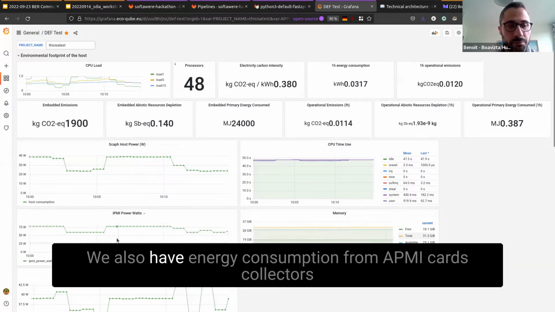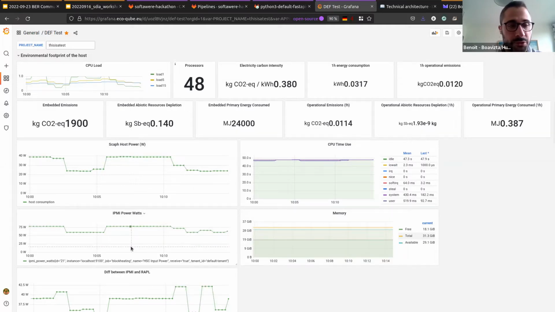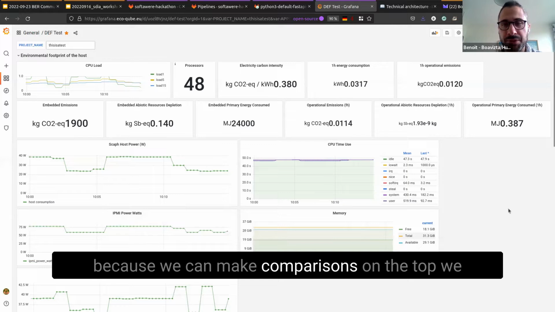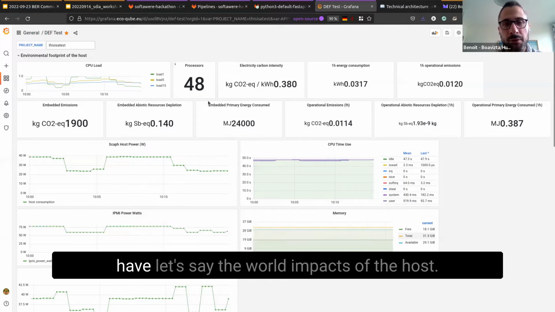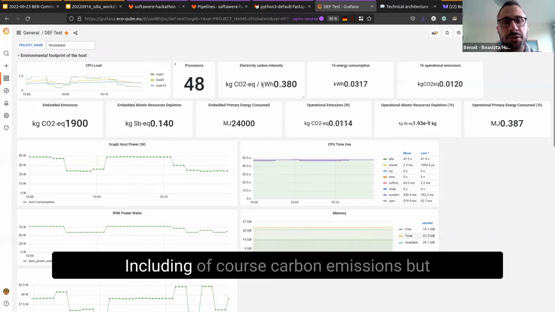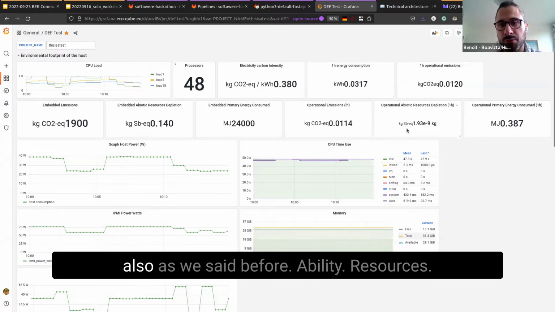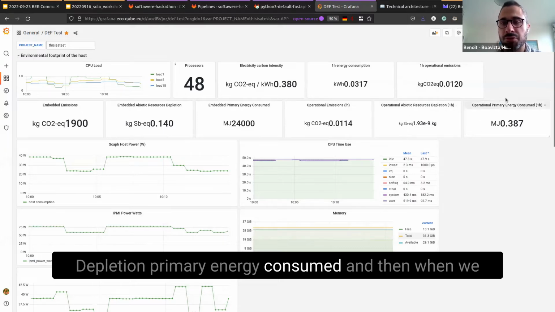We also have energy consumption from IPMI cards collectors. This is great because we can make comparisons. On the top, we have, let's say, the whole impact of the host, including, of course, carbon emissions, but also, as we said before, abiotic resources depletion and primary energy consumed.